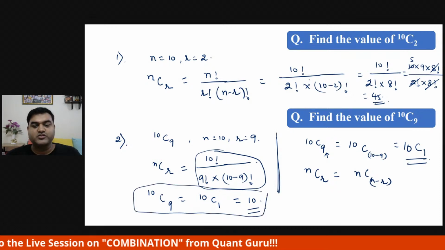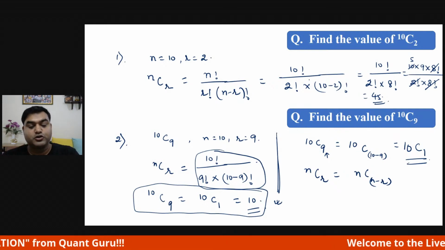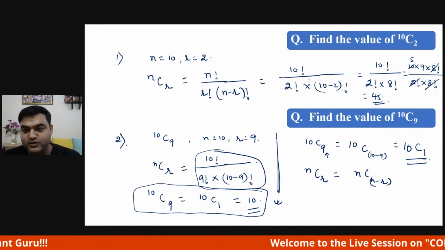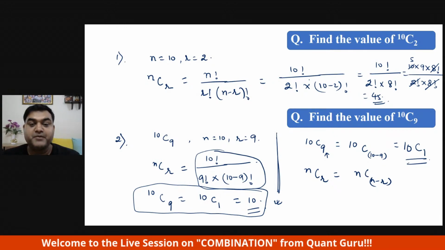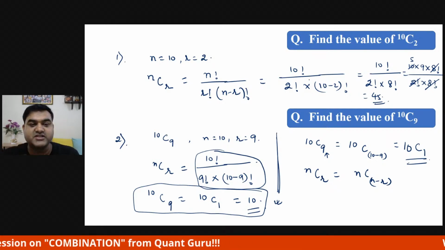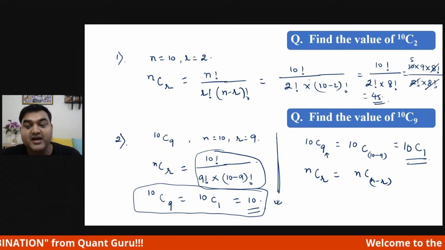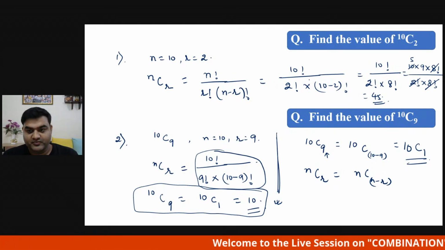So that was all about the property or introduction part of combinations. I'm coming back to your chat box. If anybody has any problem now, please let me know. Before we start the actual questions, from here onwards we'll see the sums which were asked in competitive examinations.